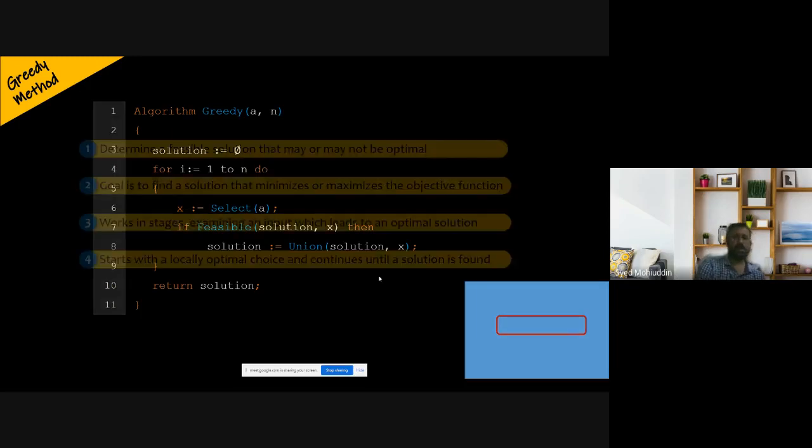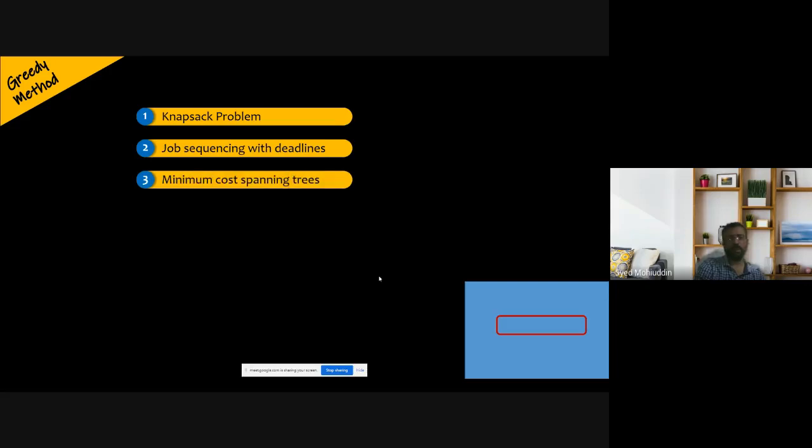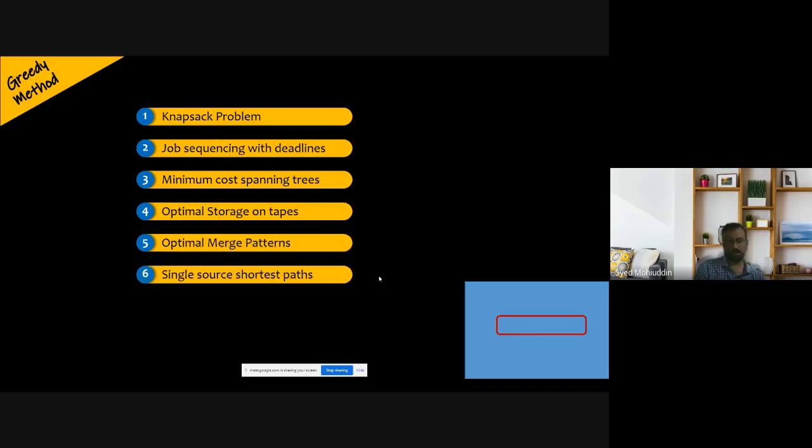There are several algorithms that can be solved using this greedy approach. The most common is the knapsack problem. Then we have job sequencing with deadline, minimum cost spanning trees, optimal storage on tapes, optimal merge patterns, and single source shortest path.